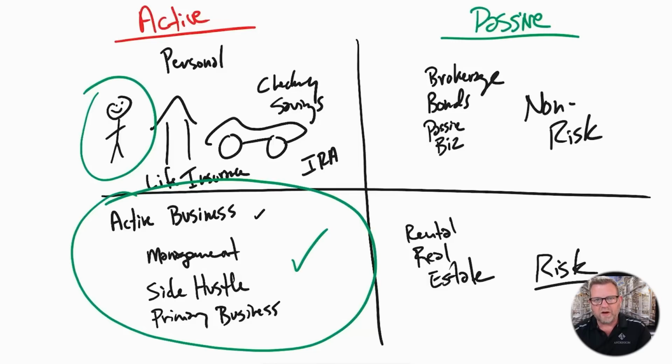When you hear me talking about the different entities, understand that I'm not hitting on these guys over here. We're not talking about those of you who are landlords or stock investors. We're talking about if you were a plumber, running your pizza company, you have a side hustle operating as a consultant on the side, or a real estate agent, fill in the blank. We're talking about you guys. We're not talking about being a landlord.